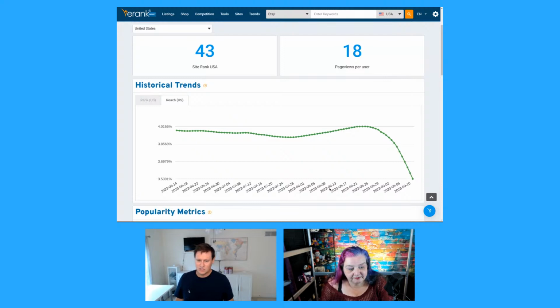So you can see right now, a bit over 3.5% of Americans are visiting Etsy as on the 11th of this month. 3.5% is an absolutely huge number. But relative to what it was at the beginning of August, it's down. So you can see here from 4%.